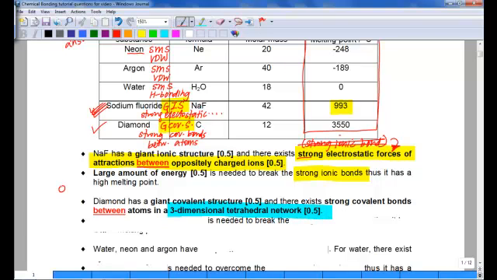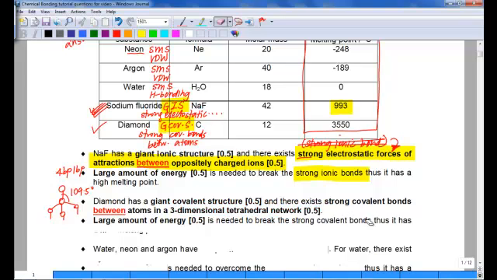Why three-dimensional tetrahedral network? Remember this, you draw in your secondary school. This one you continue to draw, it will be a 3D tetrahedral because all these are 109.5 degrees. Okay, tetrahedral. And again, you have large amount of energy needed to break the strong covalent bonds, thus it has a high melting point.